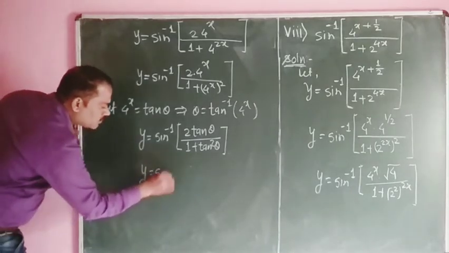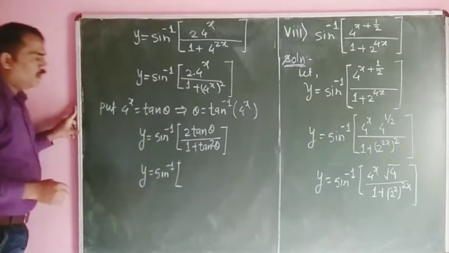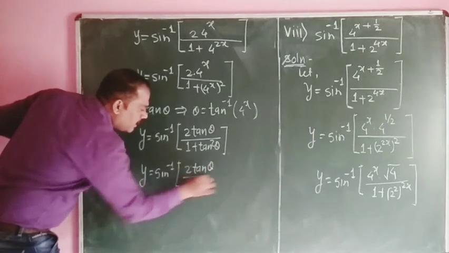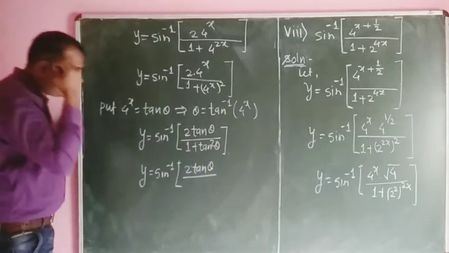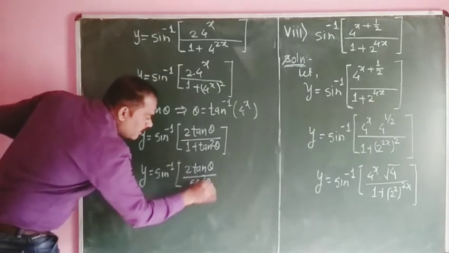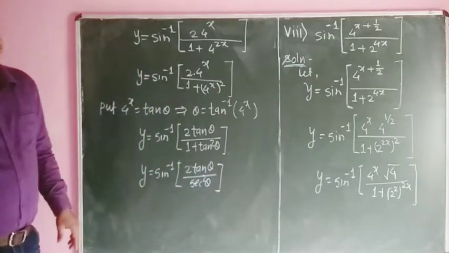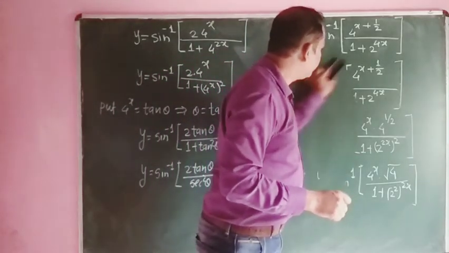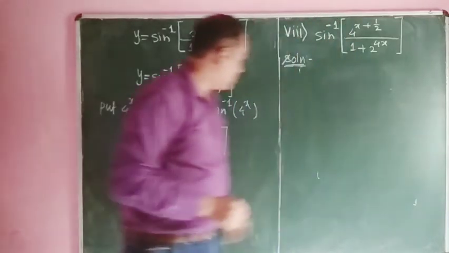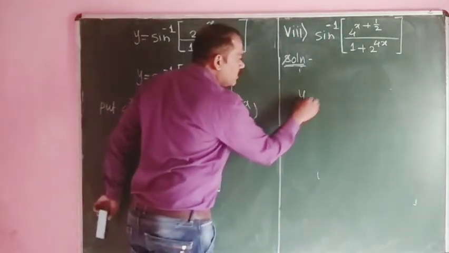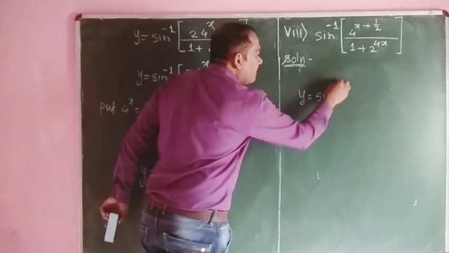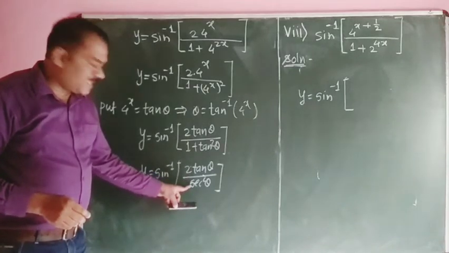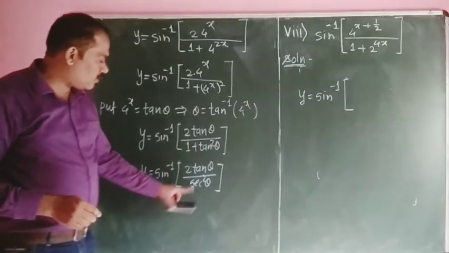So that we have to get y is equal to sin inverse of 2 tan theta divided by 1 plus tan square theta, which is nothing but sec square theta. That is nothing but y is equal to sin inverse of 2 times tan theta divided by sec square theta. 1 upon sec square theta is nothing but cos square theta.